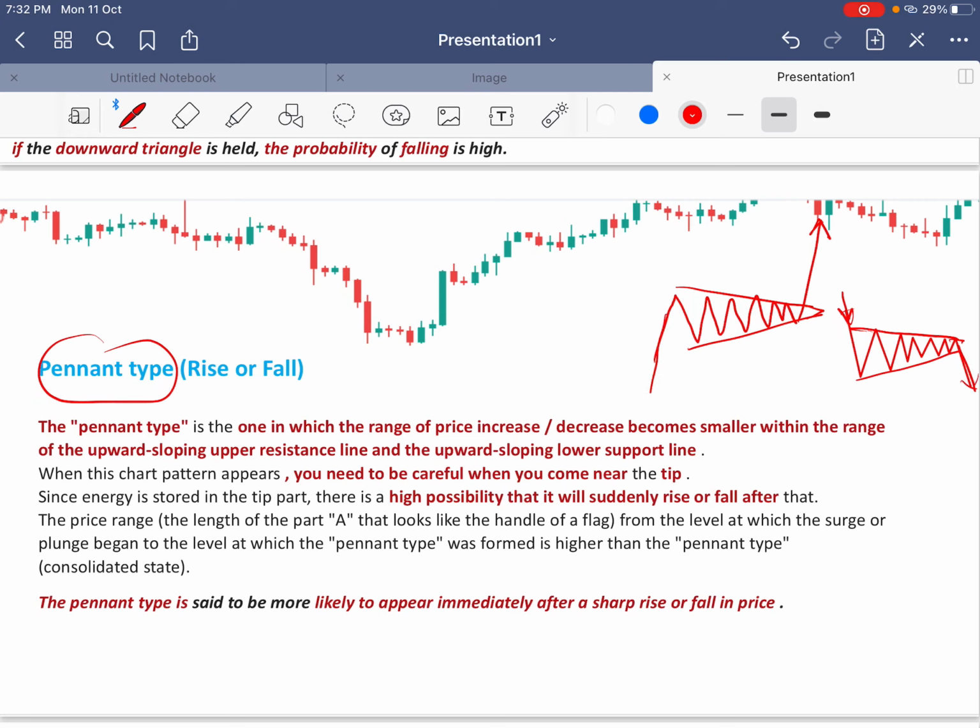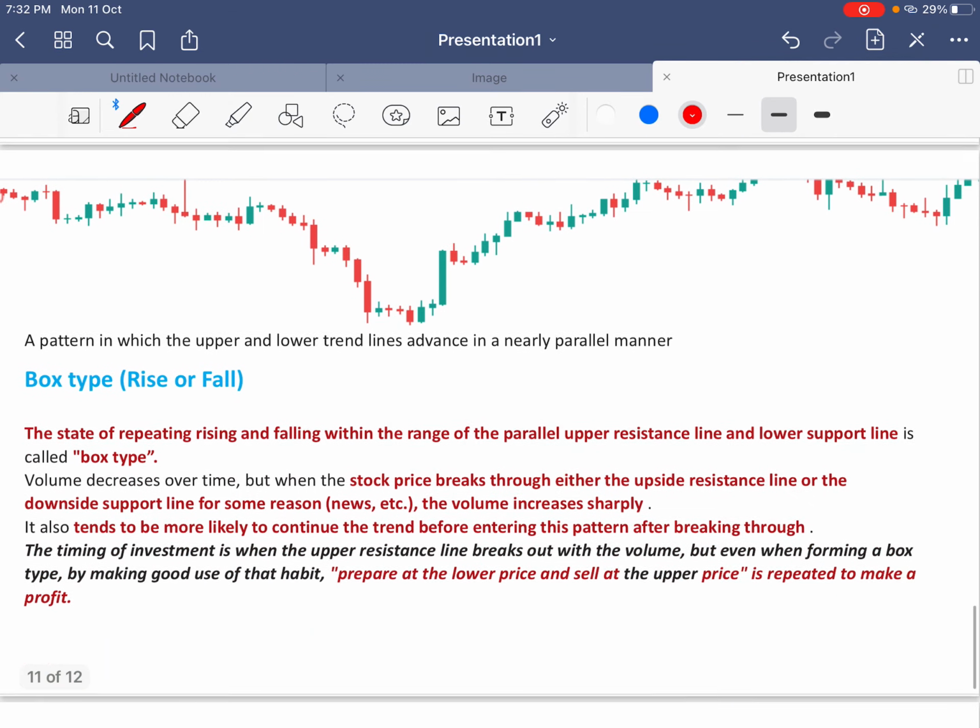If the trend is rising from a lower level and trending in this pennant type, this might jump to a higher level. And for a bearish trend, if the triangle is forming like this, it might fall to a lower level.